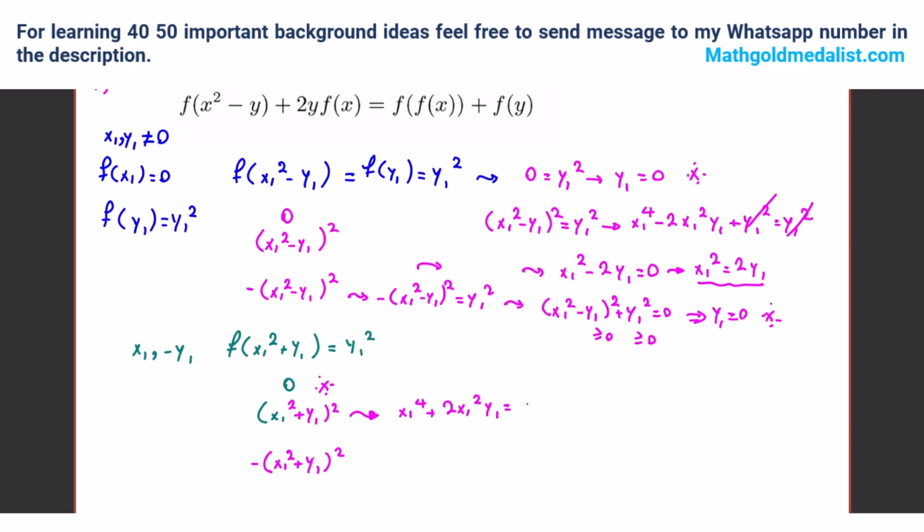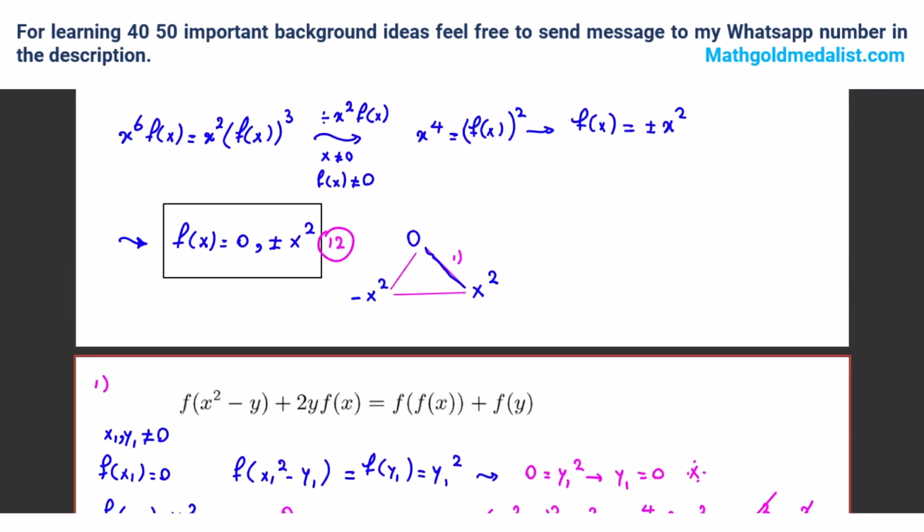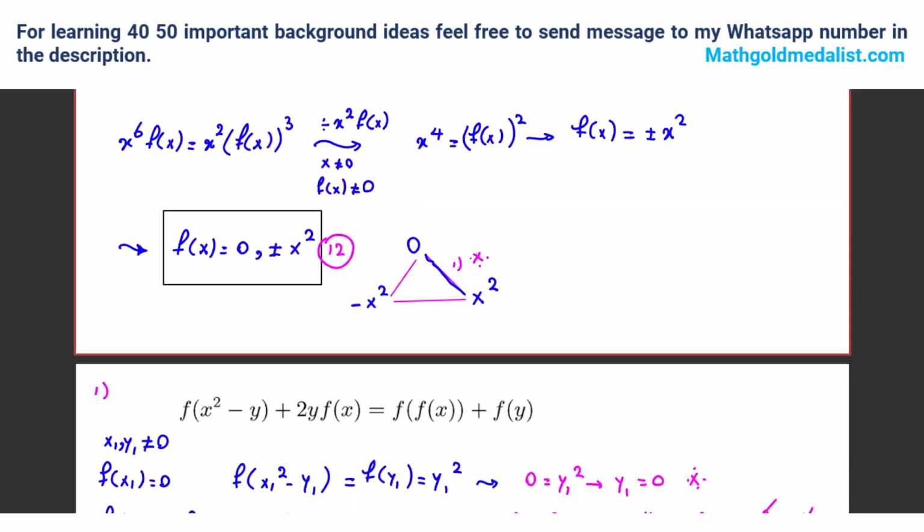You can cancel also y1 squared, it would be 0. So if you divide both sides by x1 squared, it's not 0, so you can write x1 squared plus 2y1 is 0. Now, if we combine this one and this one, x1 squared is 2y1. So if we replace, 2y1 plus 2y1 is 0. So 4y1 is 0. So y1 is 0. Again, that's a contradiction. Okay, so case 1 is not possible. We've reached a contradiction for case 1.